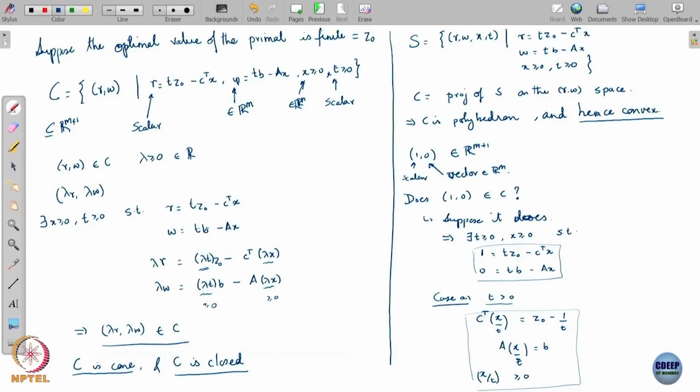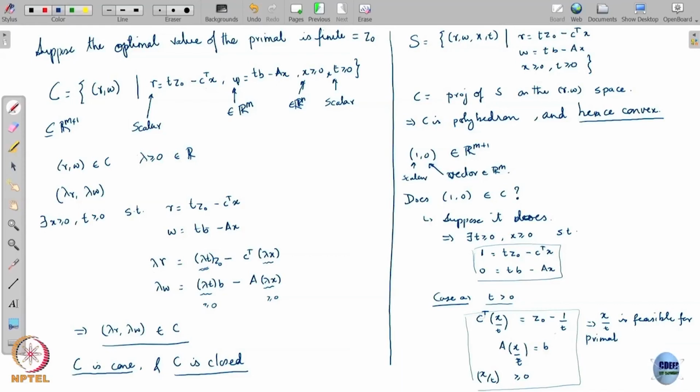This is saying x by t satisfies A times x by t equals b and x by t greater than or equal to 0, and so x by t is feasible for the primal. But then what is the value of x by t? It is z0 minus 1 by t. That means its value is strictly less than z0.